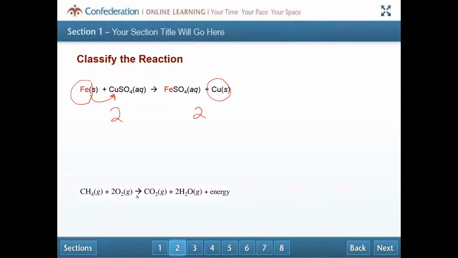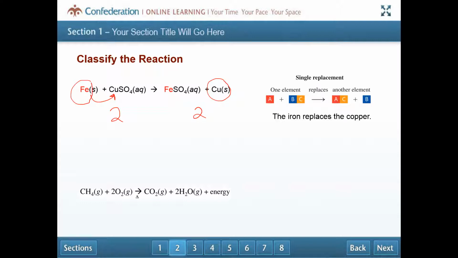So what's happened is not a double, but a single replacement, because you've started with a compound and a simple element, and you've ended with a compound and a single element. If it was a double replacement, you'd have 2 compounds to start, and you'd end up with 2 compounds. So the difference is the presence of the element there.